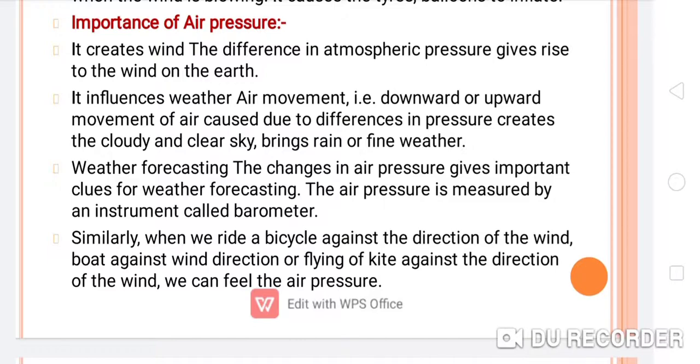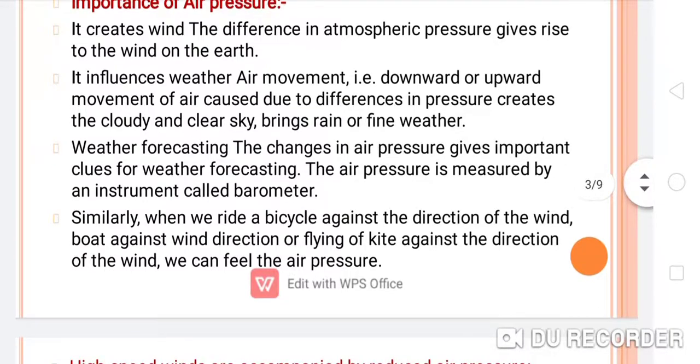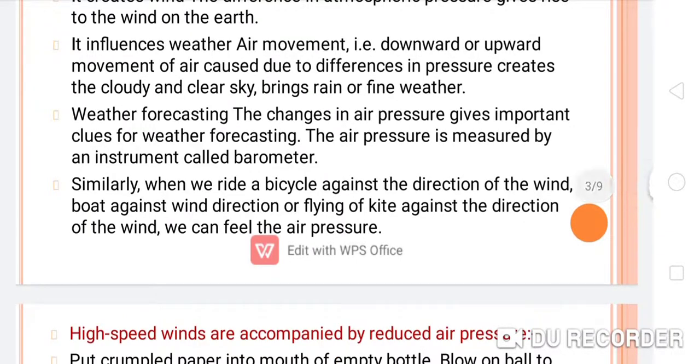Movement of air caused due to the differences in the pressure creates the cloudy and clear sky, brings rain or fine weather. Now next, weather forecasting. The changes in air pressure give important clues for weather forecasting. The air pressure is measured by the instrument that is called the barometer.